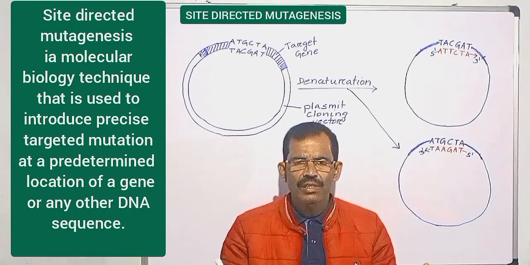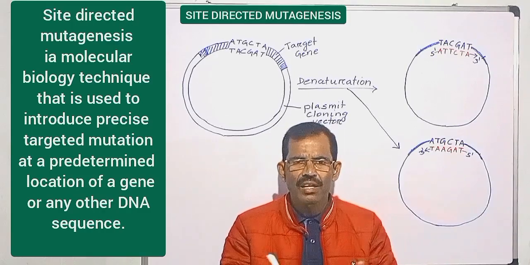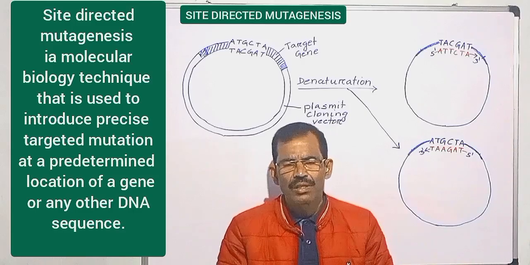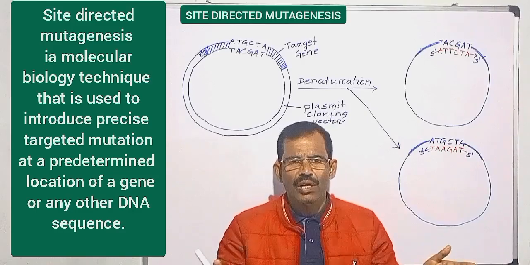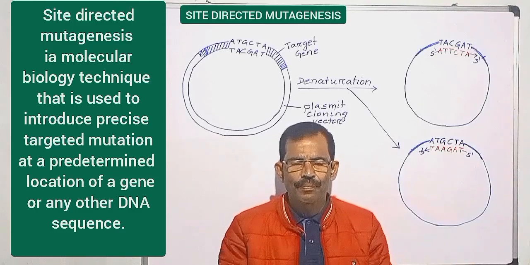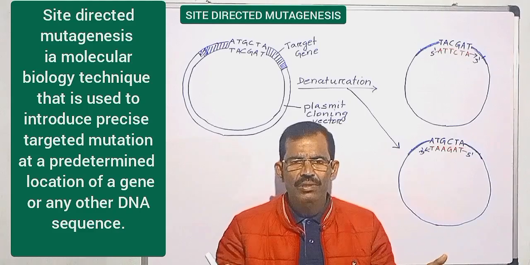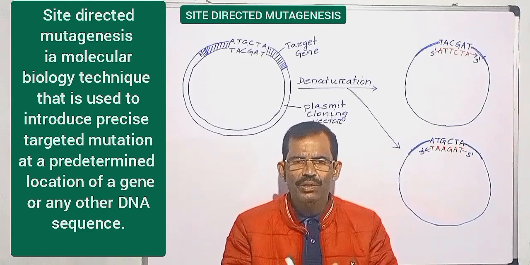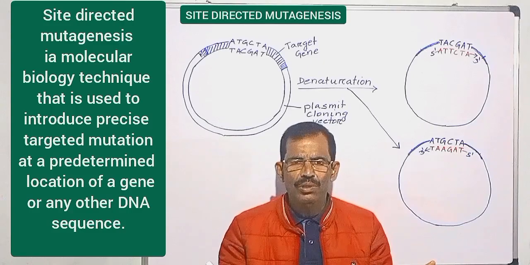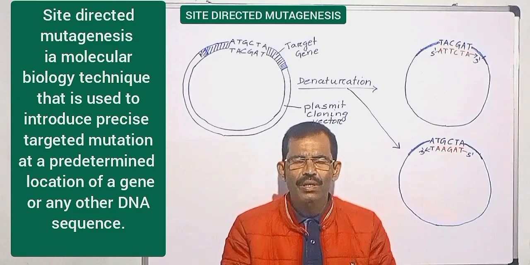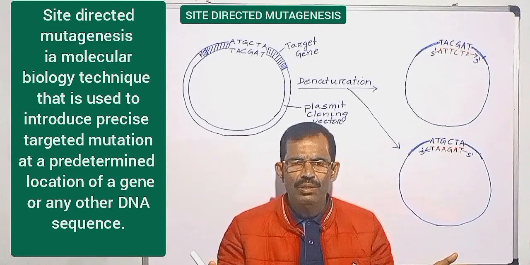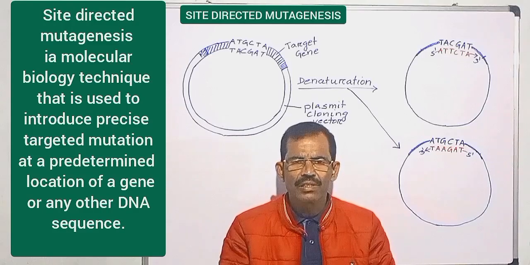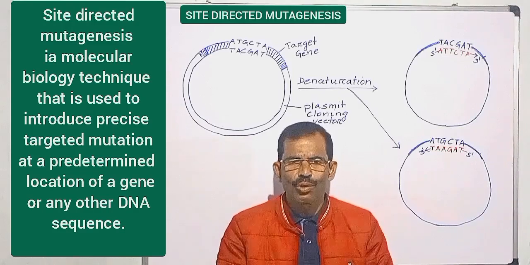Now the question is, what is site-directed mutagenesis? Site-directed mutagenesis, SDM, is a molecular biology technique that is used to introduce precise targeted mutation at a specific predetermined location of the nucleic acid sequence of the genome.